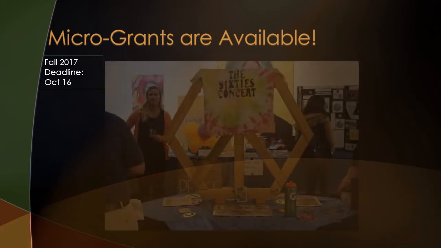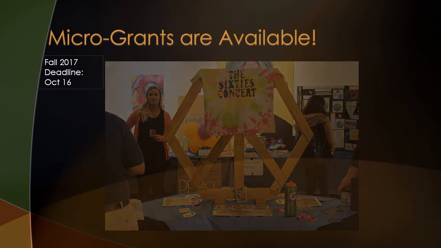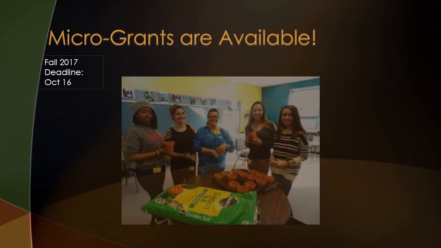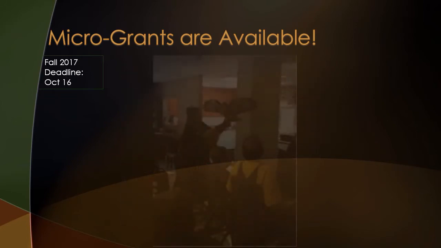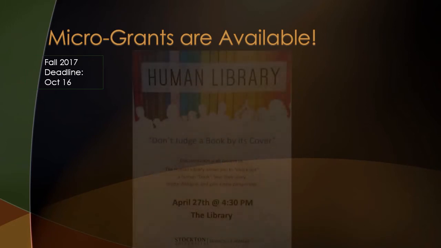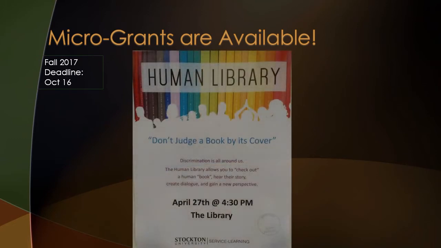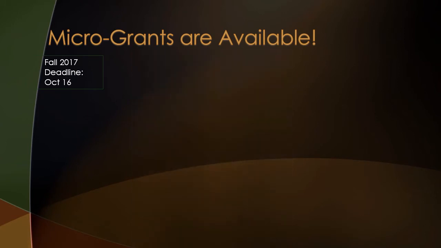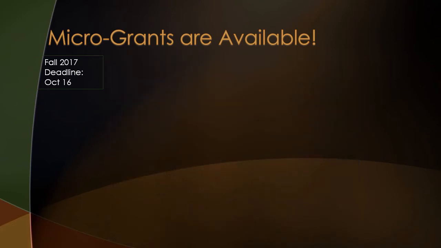For example, some classes have applied and received microgrants to bring speakers onto campus, to purchase supplies to implement their service learning project, or to purchase film rights to show a documentary to the community. With even a small amount of funds, students have developed some innovative practices that further the mission of the university and community connection. Also, writing a grant and receiving it is a great thing to add to your resume. There is a deadline for this grant, and it is a competitive process, so don't wait to get started.